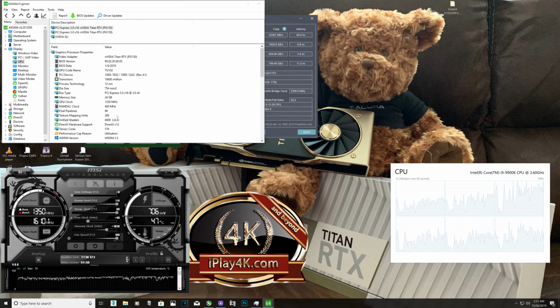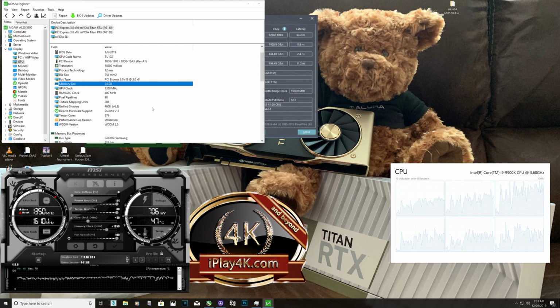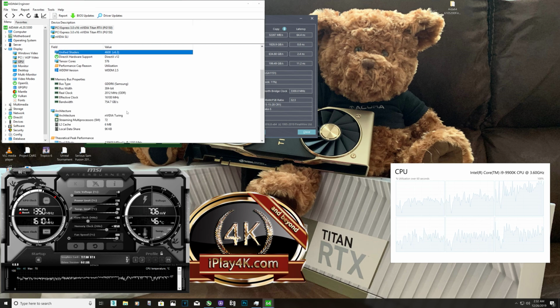First of all, it's going to be VRAM. Second will of course be the CUDA cores. You want to have a lot of CUDA cores, and I have 4608 CUDA cores, version 6.3, in this Titan RTX today. And the most important factor will also be the level 2 cache, which is 6 megabytes on the Turing GPU architecture video card.